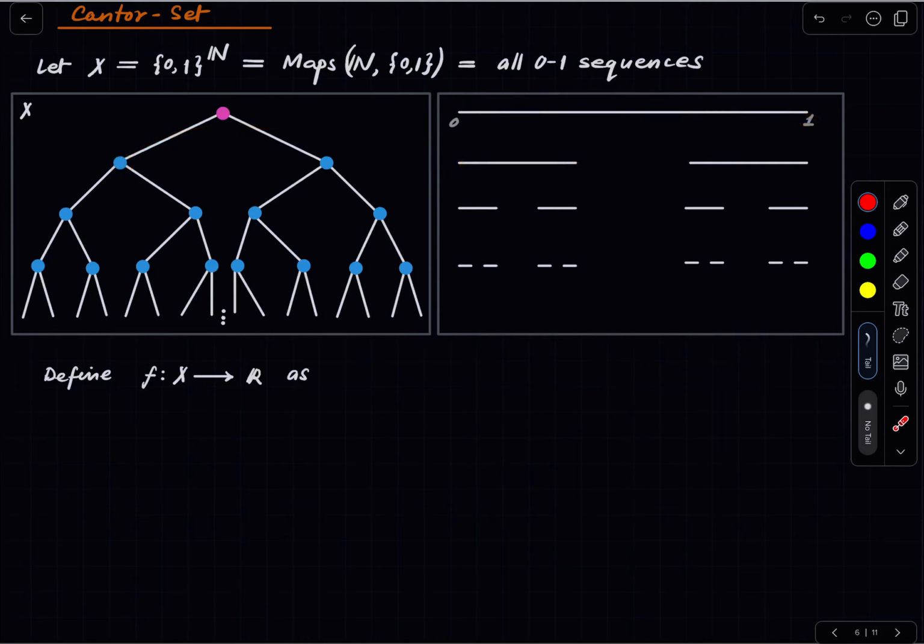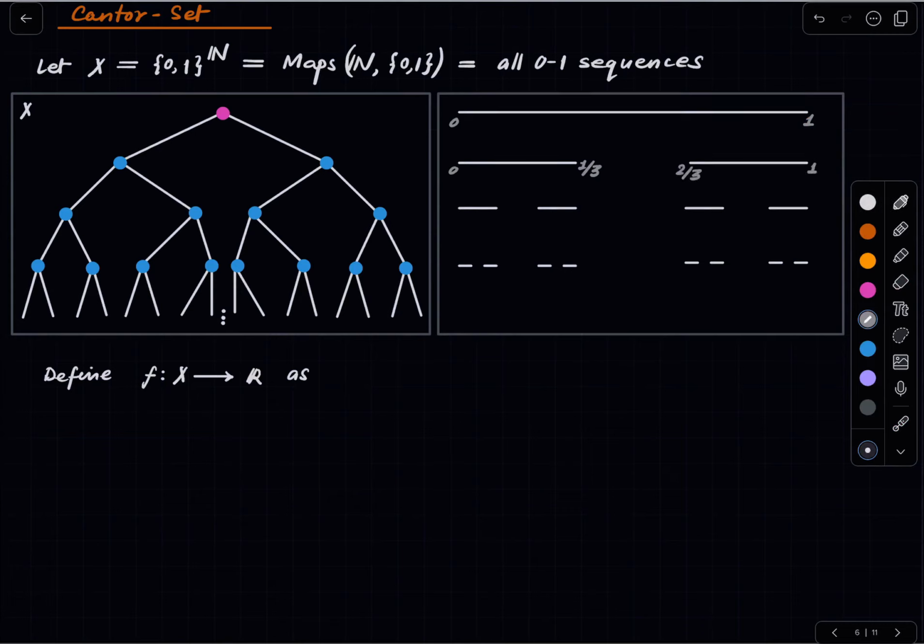So the left third of the previous one would be the closed interval 0, 1 by 3. And to this blue dot, associate in your mind this guy, which is the right third of the previous one. So its endpoints are 2 by 3 and 1.